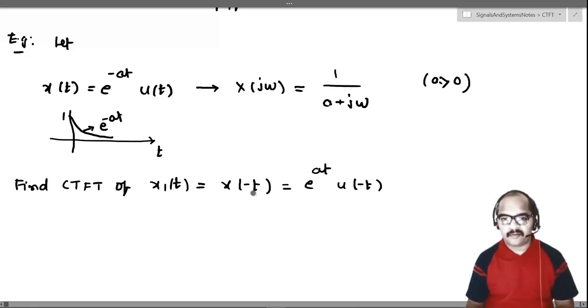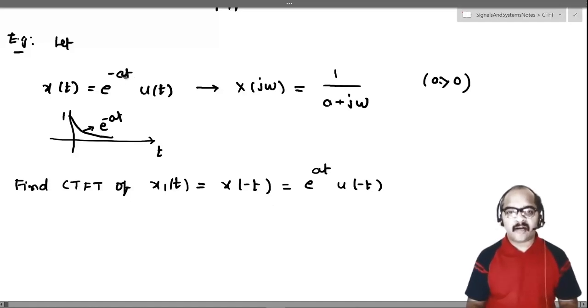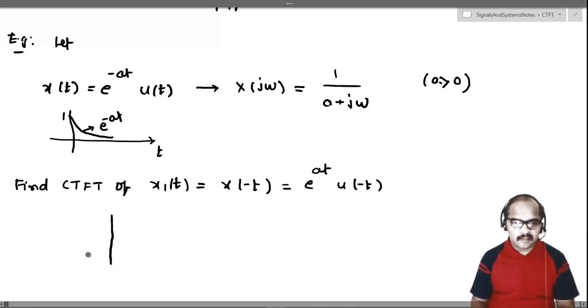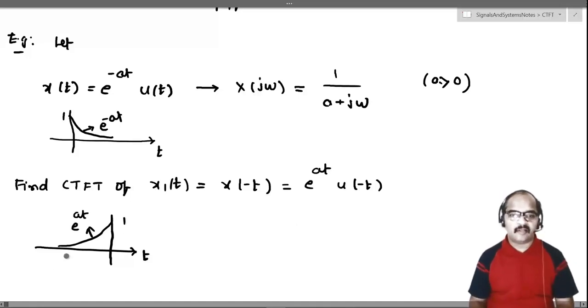Keep that in mind. x of minus t means wherever there is t, you have to replace it with minus t. So a is not going to change, and you'll get e power at u of minus t. Let's plot the signal and then find the Fourier transform. Because u of minus t is there, the plot exists only from minus infinity to 0, and the equation of this curve is e power at.